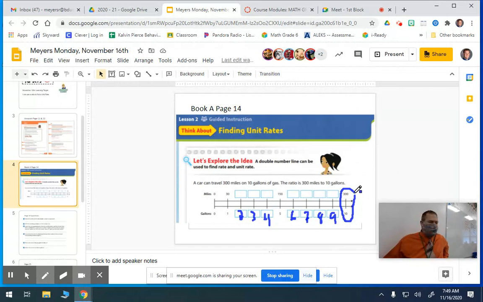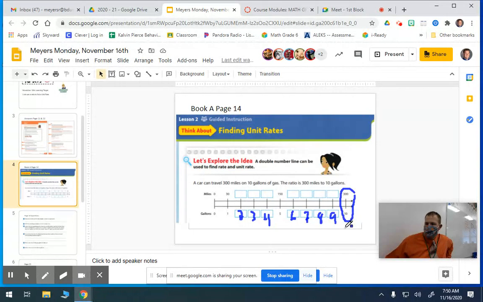So a double number line, okay, how's that going to help us out? We can start with our ratio, 300 for 10, and then what we can do is we can figure out how much it is for 1 gallon. And we talked about what's the easiest way to do that. You just go ahead and take 300 and divide it by 10, right?